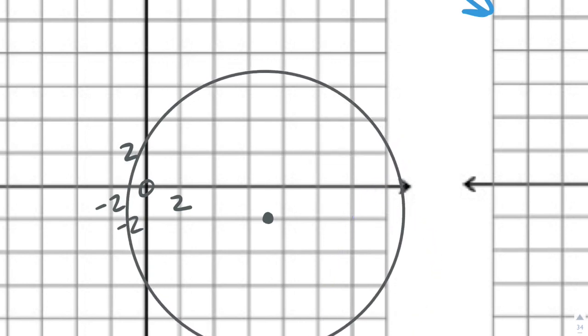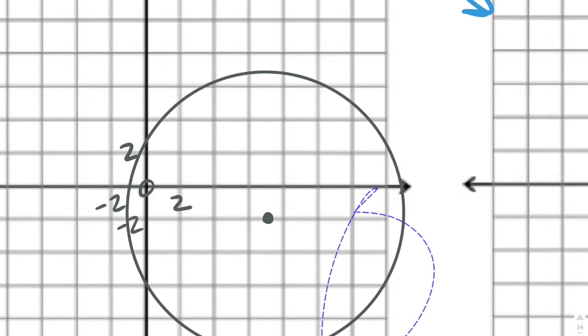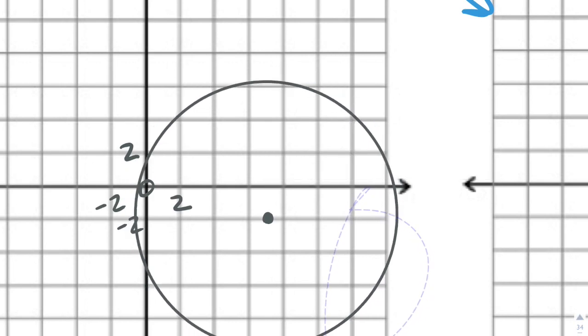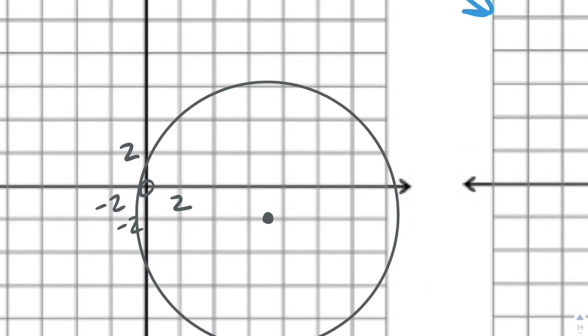It's a little bit large. Okay, that's better. That looks pretty good. It looks like it's going to be (7, negative 2) with a radius of 8, because I'm counting by 2s, remember.